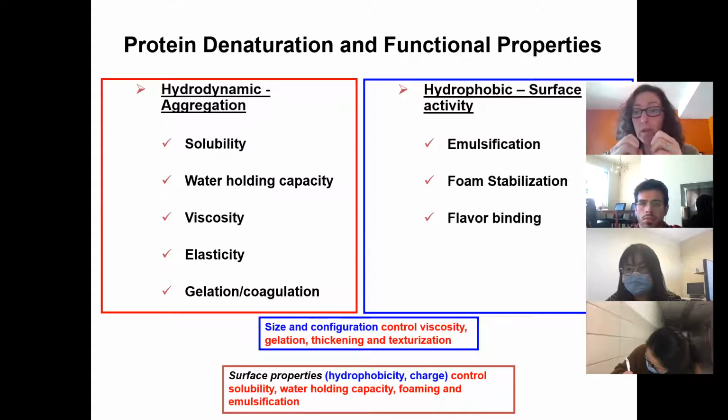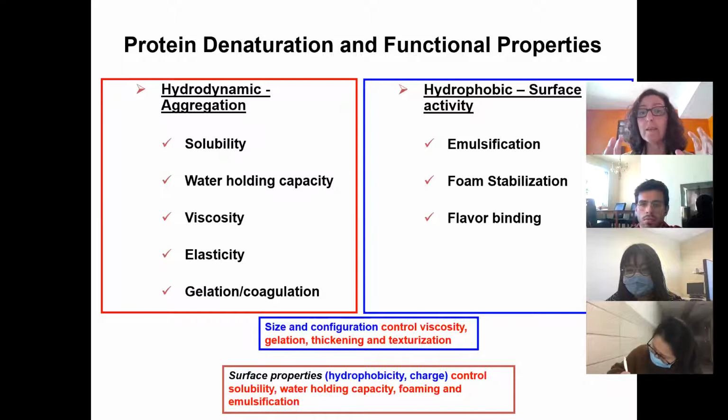If you don't have enough repulsion, then they will coalesce, flocculate, and creaming or sedimentation happens in emulsion, for example, or you lose the air in foams too. So it's very important to have a balance of surface hydrophobicity to surface hydrophilicity, which has to do a lot with charge as well, and polar groups, obviously, on the surface.